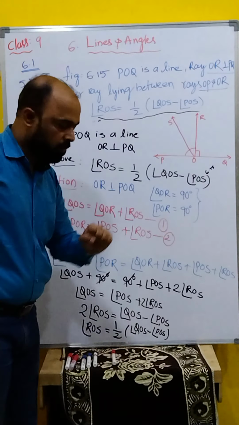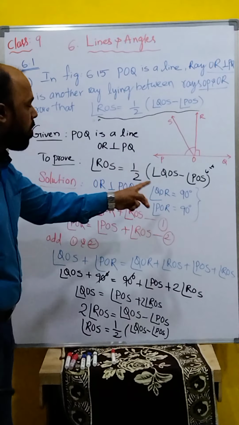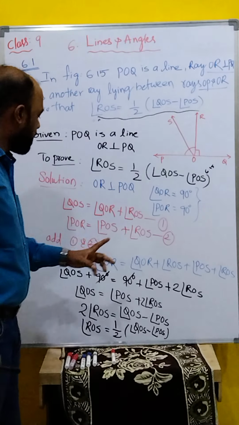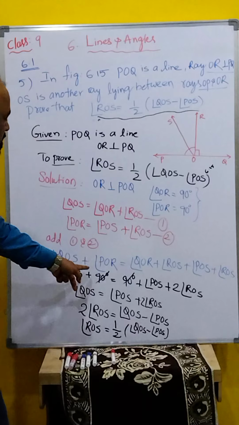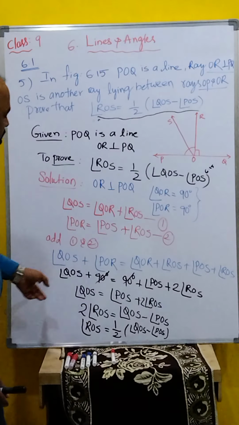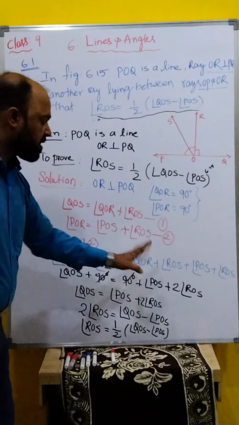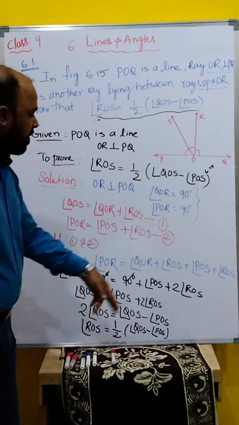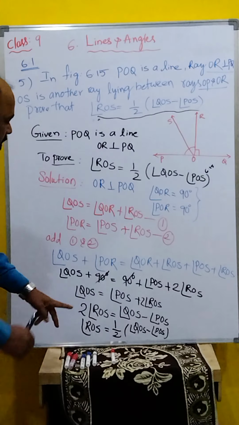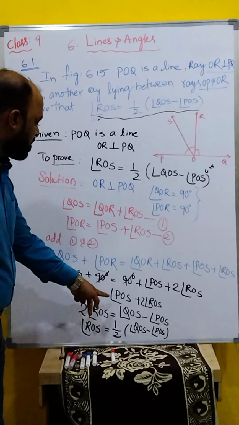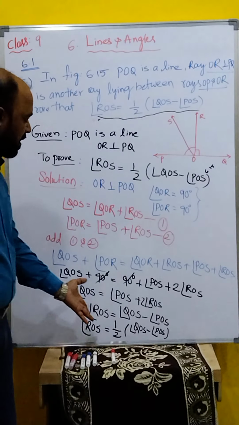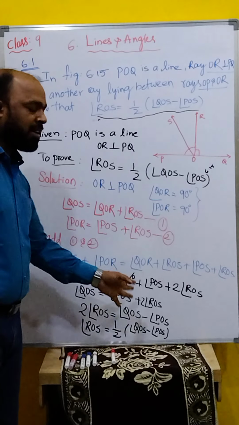That is 1 and 2. Add these two. The common angle for both is the middle part, angle ROS. After adding, we know POR and QOR are 90, 90. Cancel. Then ROS plus ROS is 2 ROS. After that, angle QOS is equal to angle POS plus 2 times ROS. Then transpose, and you will get it. Finally, hence proved.